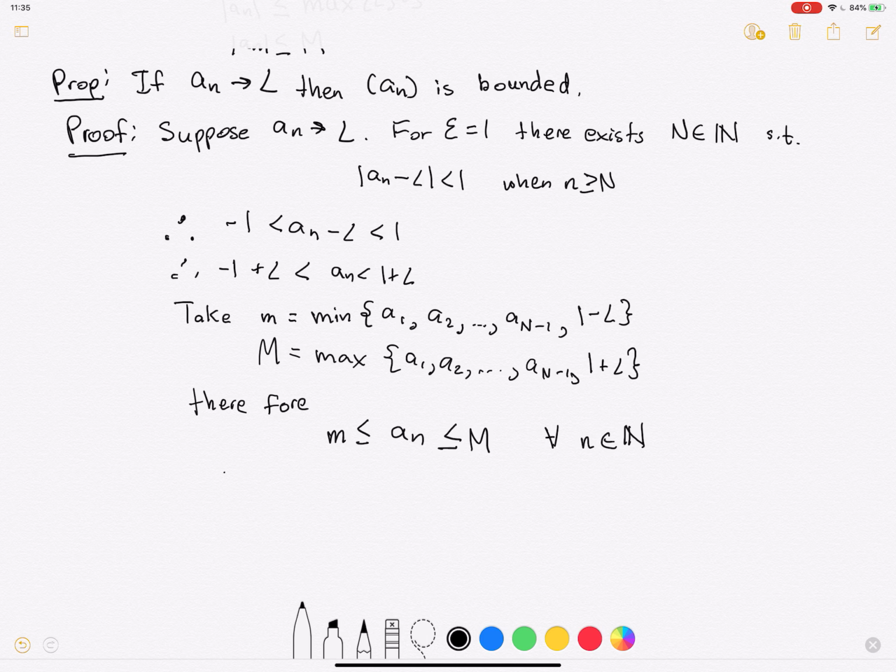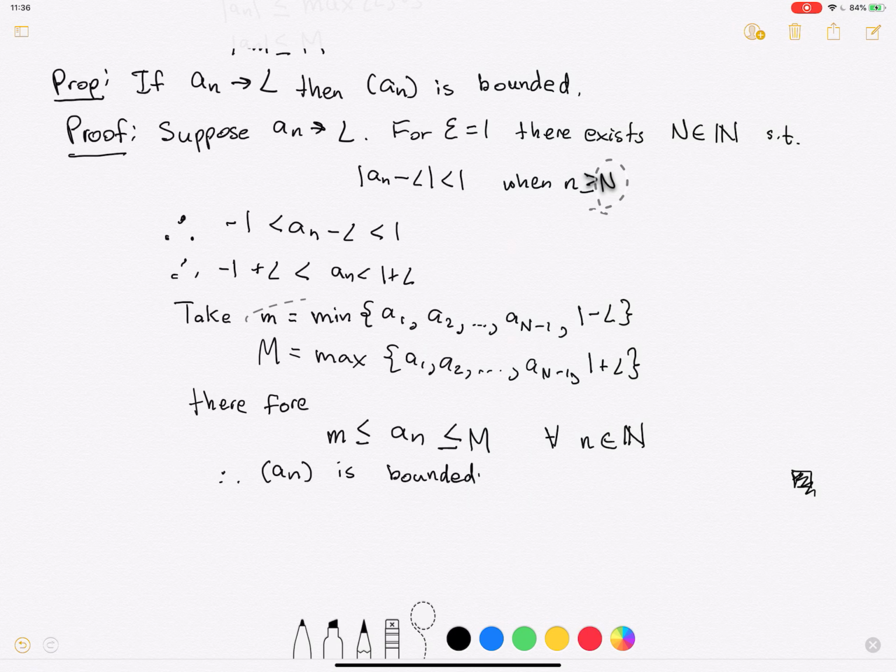So a_n is bounded. And the trick with this proof is we assumed it had a limit, and then we found where it started converging at N for epsilon equals 1.